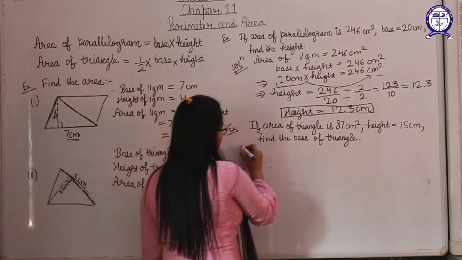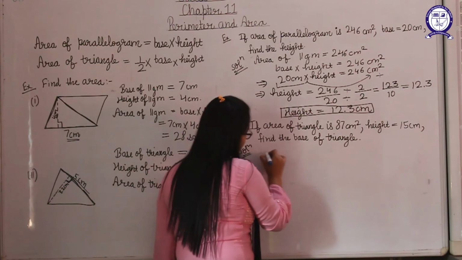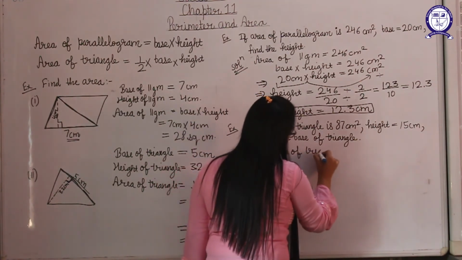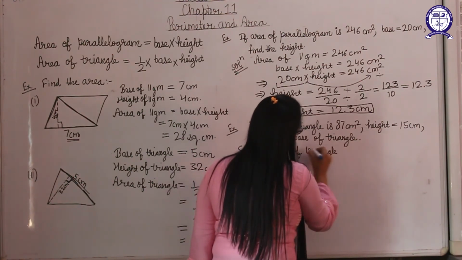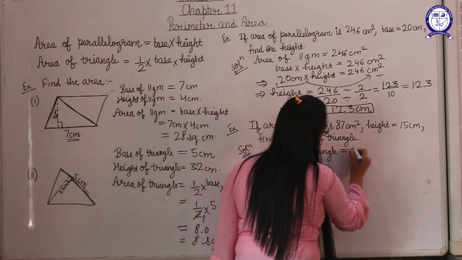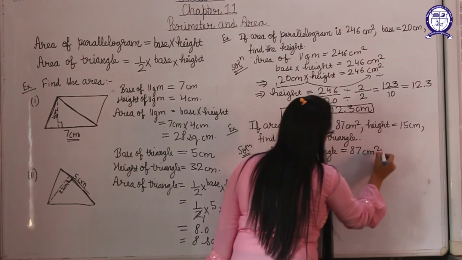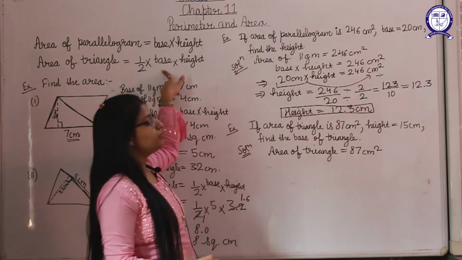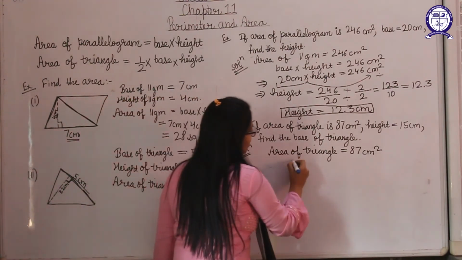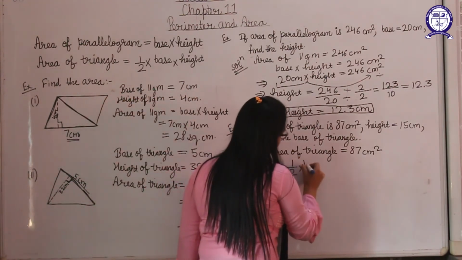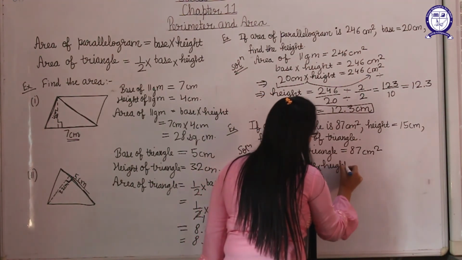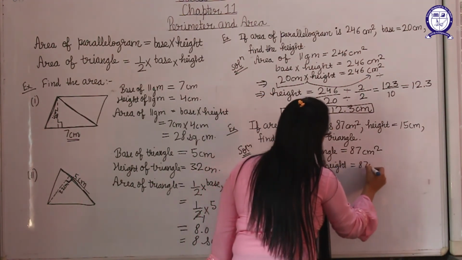So again we will do like this only. We know that the area of triangle is equals to 87 centimeter square. Now we know that the area of triangle is half into base into height. So we will write here 1 by 2 into base into height will be equals to 87 centimeter square.